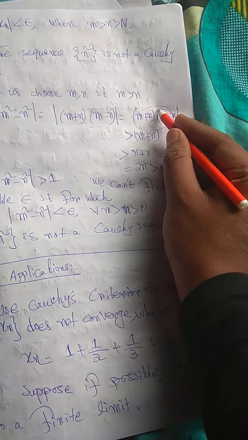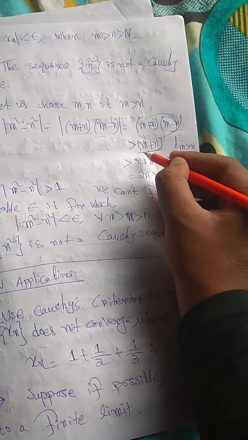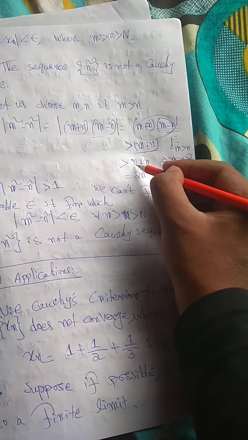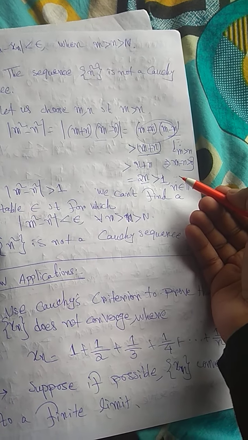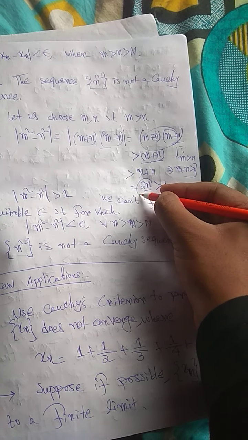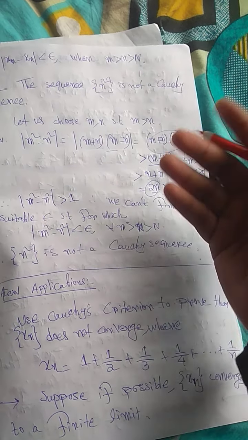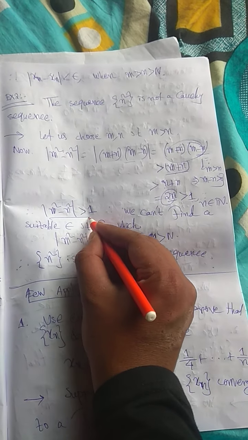So the product of these two is obviously greater than one of them, like this, m plus n. Now m is greater than n, so this quantity is greater than n plus n equal to 2n. Now what is n? n is a natural number, and natural numbers start from 1. So this quantity starts from 2, then 4, then 6. So it is greater than 1, obviously. So this modulus is greater than 1.